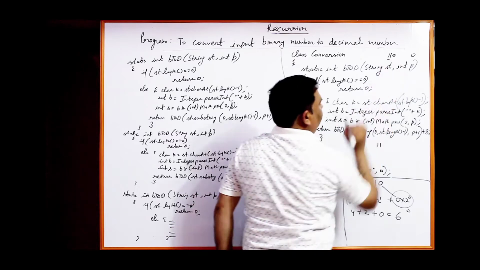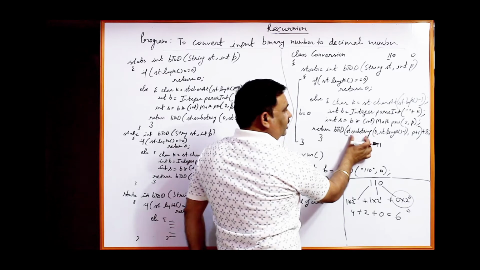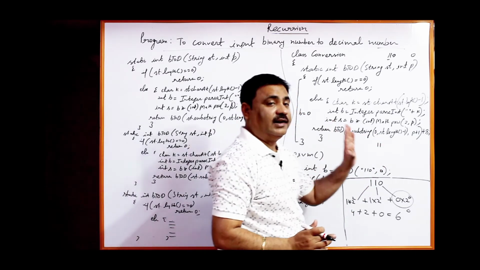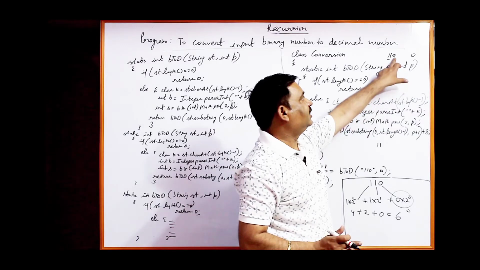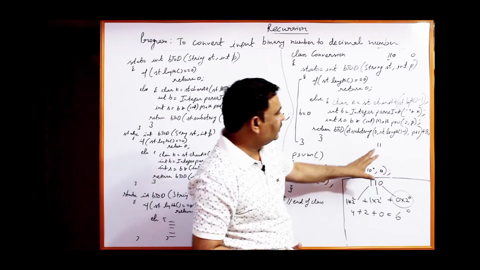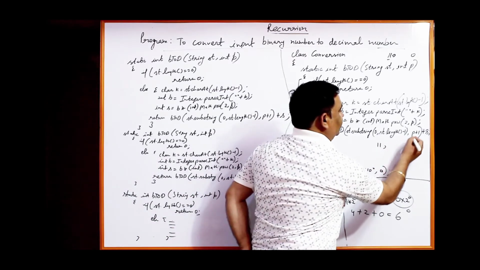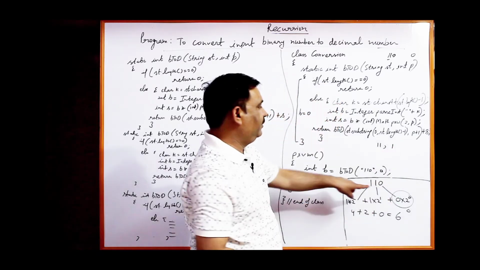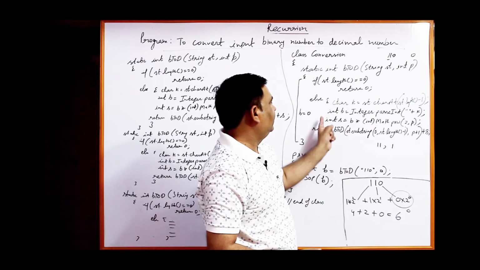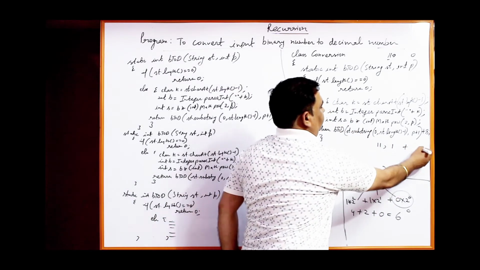So the substring function will remove the last character from the string of digits, and comma p plus 1. P plus 1 means power will be increased, 0 plus 1, so next time power will be 1. And s, the value of s which is calculated here, that will be added. S was 0 here.